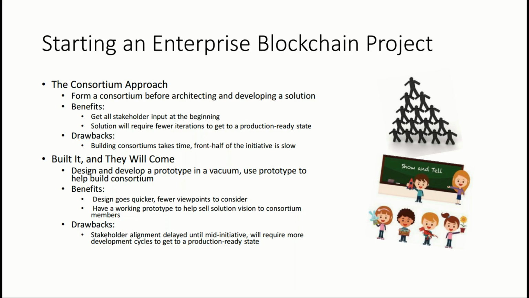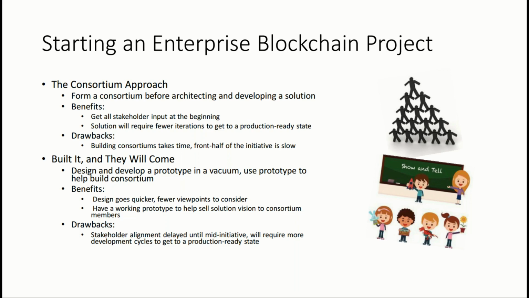And no matter which approach you take, you're still going to get to the finish line in about the same amount of time. It's just a question of, would I rather go fast at the beginning and slow at the end, or would I rather go slow at the beginning and fast at the end? So let's talk about the consortium approach. The consortium approach is one where you're going slow at the beginning, but fast at the end.